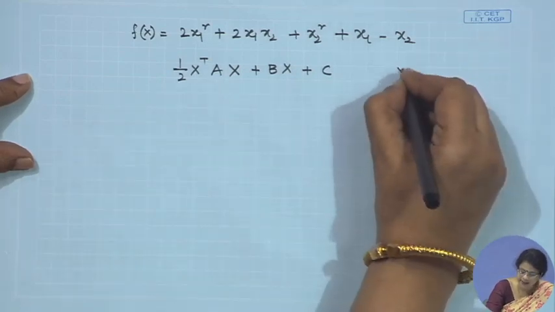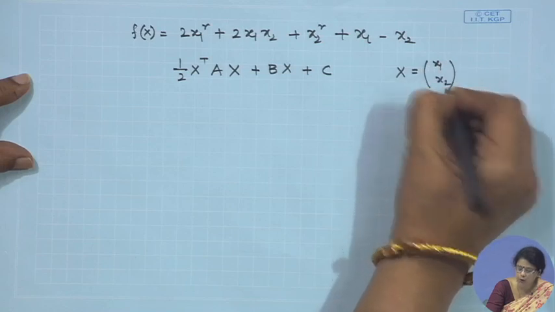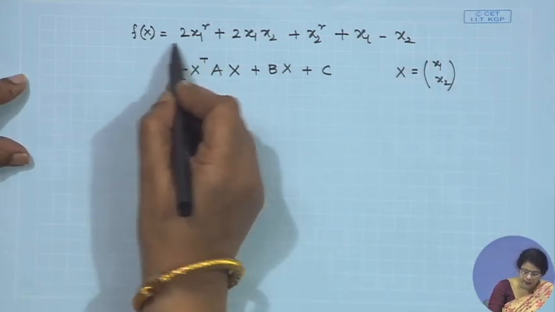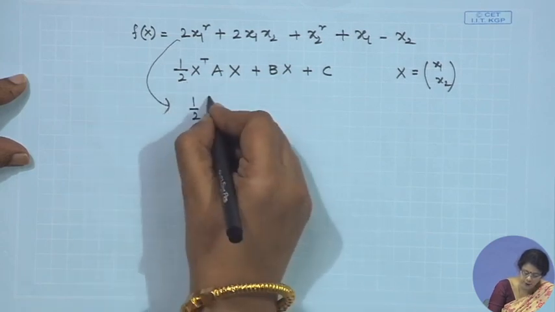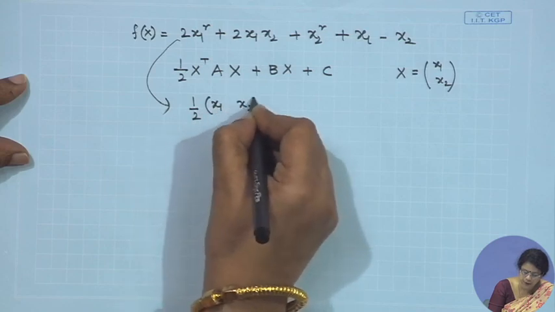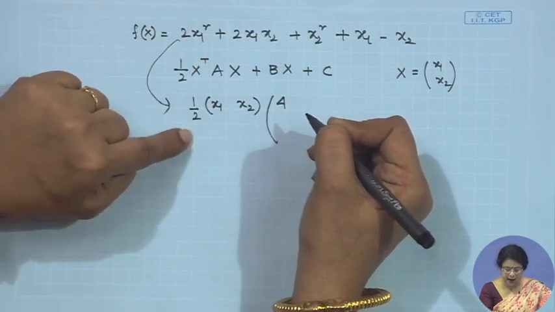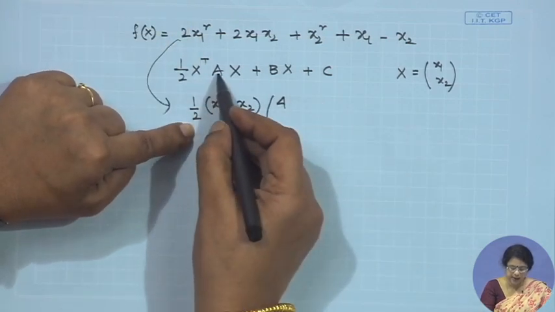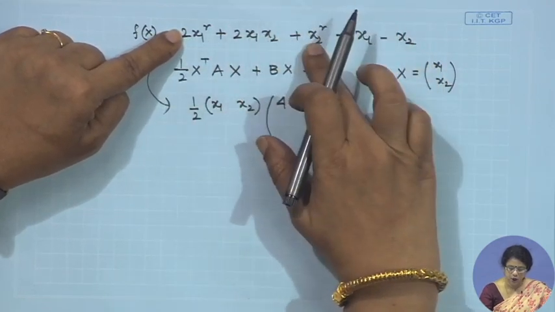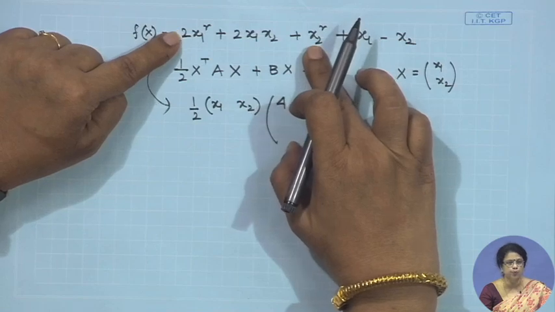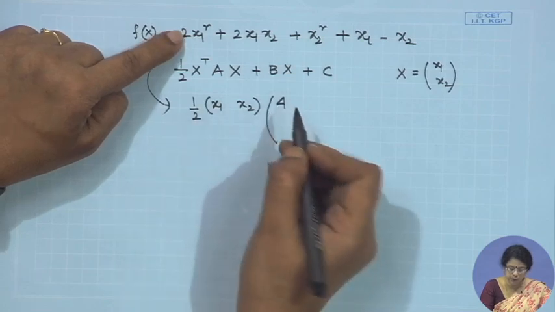Here the vector x has been considered as the two-dimensional vector in R2, x1, x2. That is why this function can be written in this form as half times x1 x2 times A. Since we have taken half here, A can be constructed from these 3 components which are of degree 2. x1 square coefficient would be 4, because 4 by 2 would be 2.